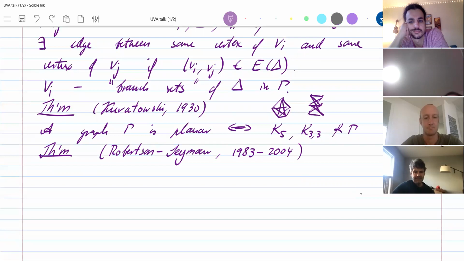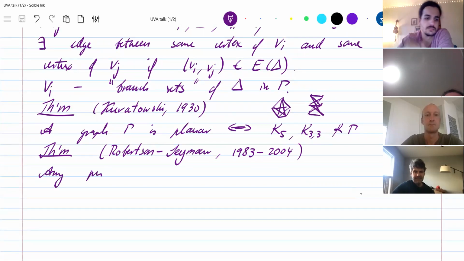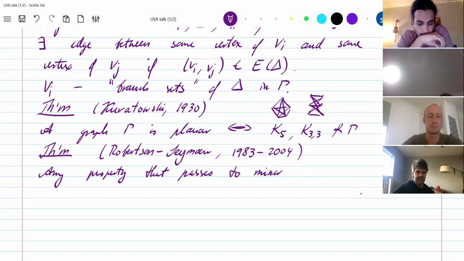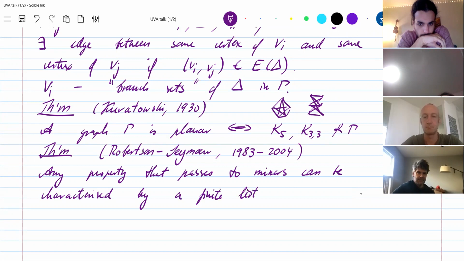So what they proved was that any graph theoretic property that passes to minors can be characterized by a finite list of what we call forbidden minors.